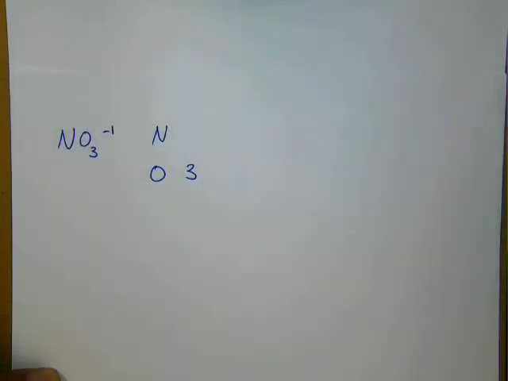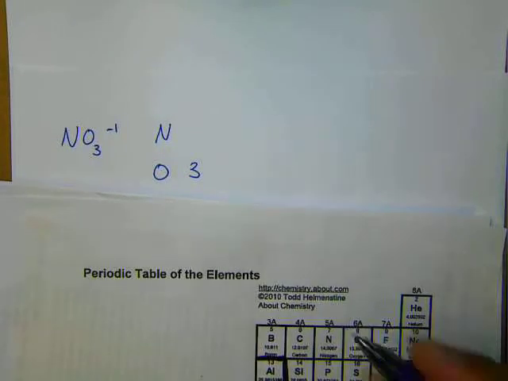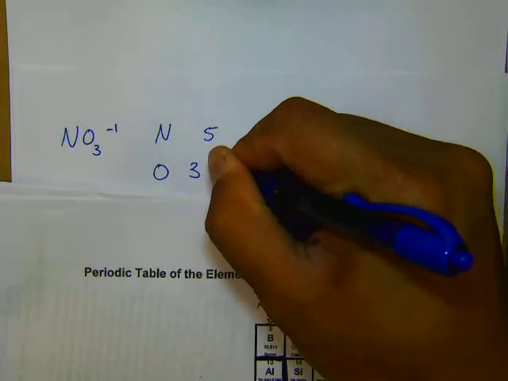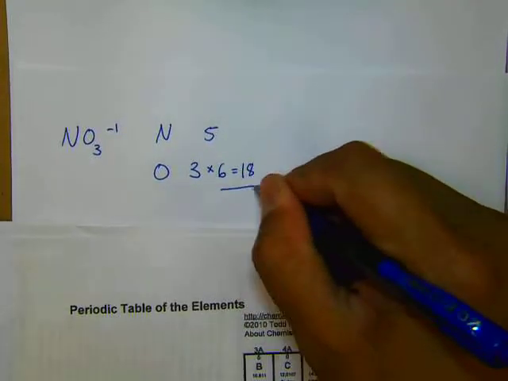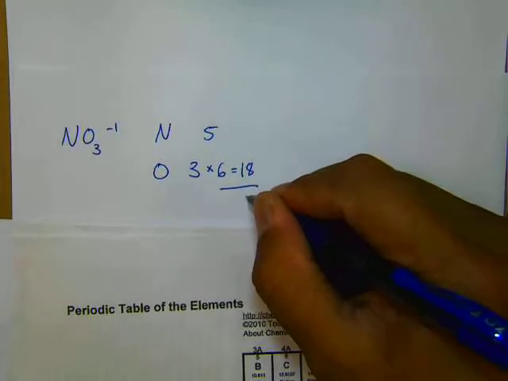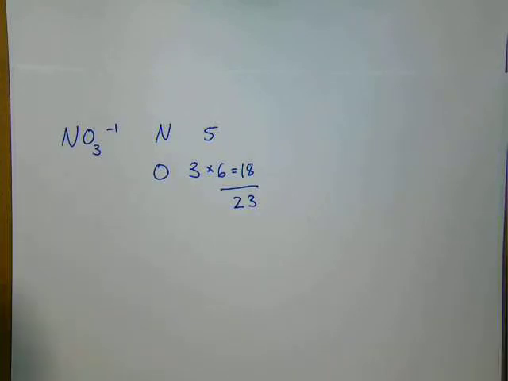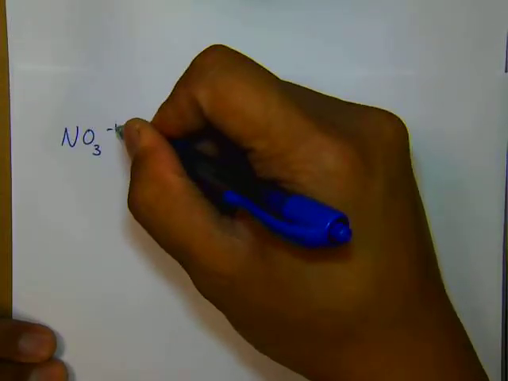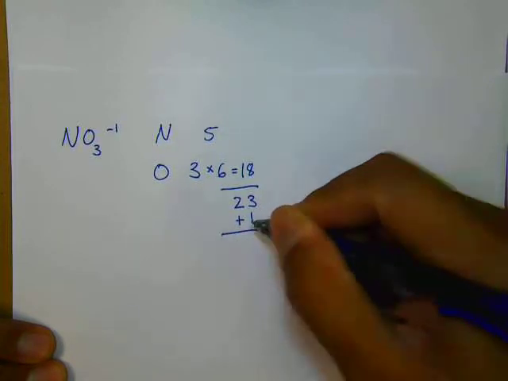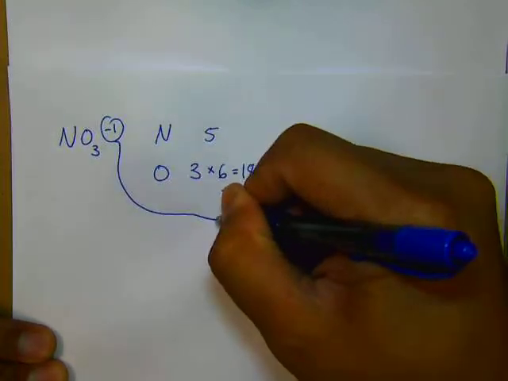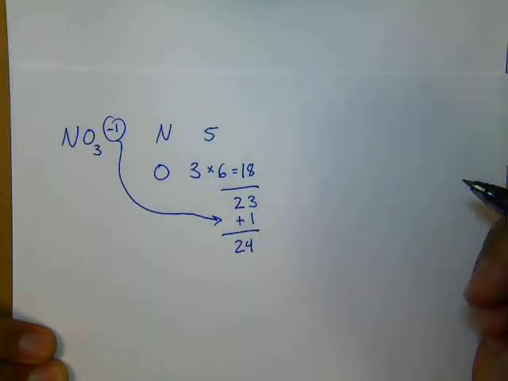And according to the periodic table, nitrogen has 5 valence electrons, and oxygen has 6 valence electrons. So they have a total of 23 electrons. Now at this point, this -1 right here has to be added to the amount of electrons they have, making it 24 electrons.